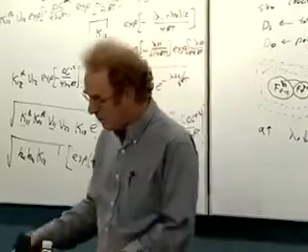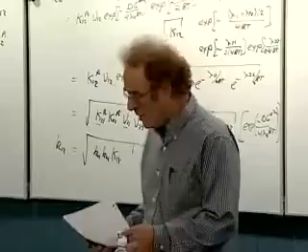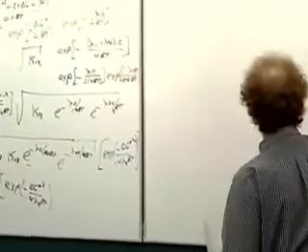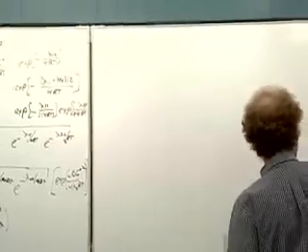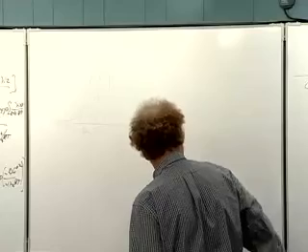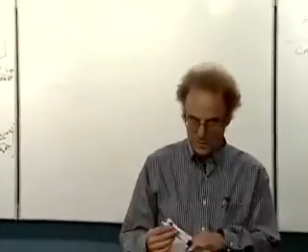Now, the cross relation as is often written today looks more complicated. So I'll write down how you'll often see it in books, or at least if you read the big Marcus and Sutin review on electron transfers.